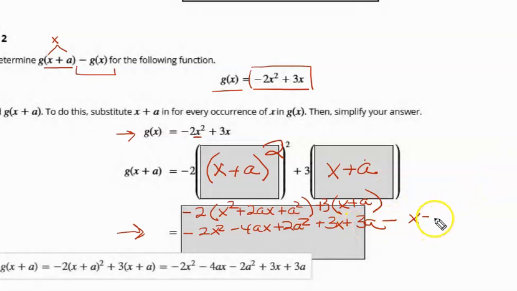Now we see if there are any like terms here. Remember, there's a 1 there and a 1 there. So it's 3x minus 1x. So this is going to become a plus 2x. And this is a 3a, and this is a negative 1a. So this becomes a plus 2a.